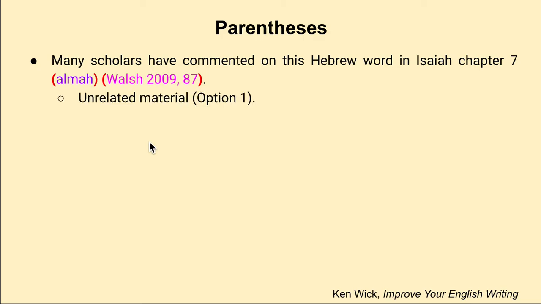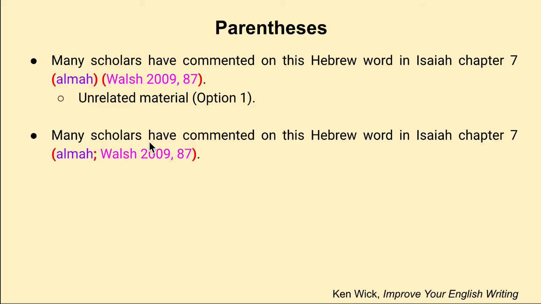This is unrelated material option 1. Or you could have the same sentence up here with the unrelated material in a single set of parentheses separated by a semicolon. So this would be unrelated material option 2.